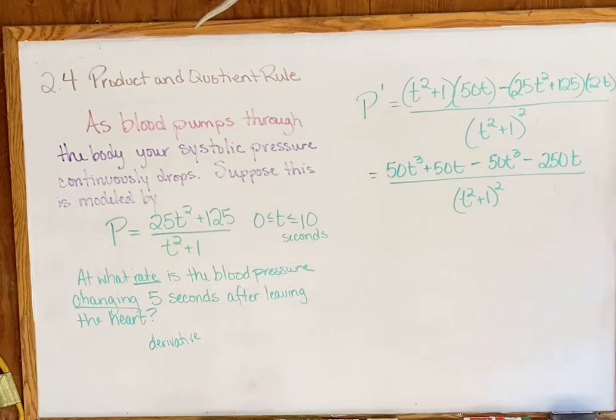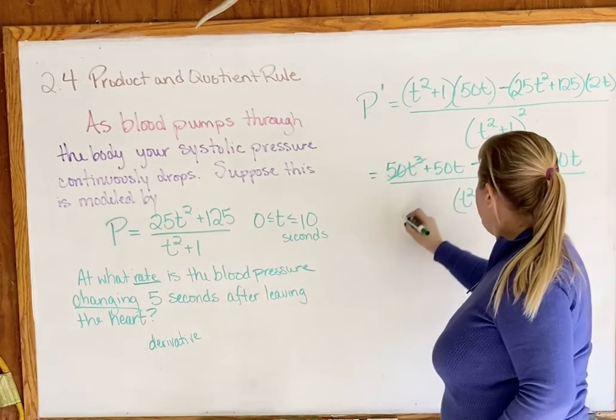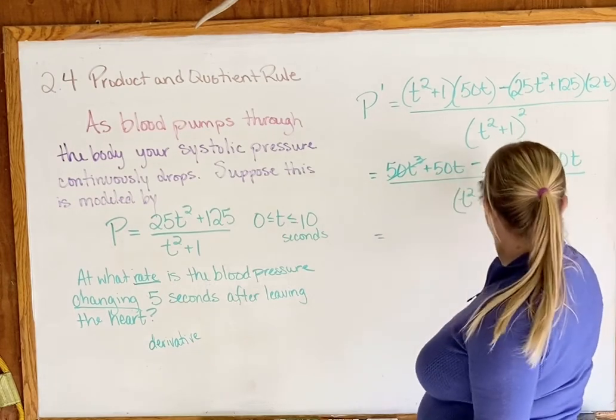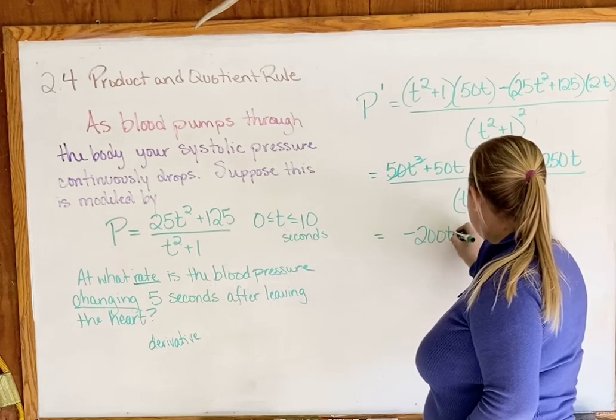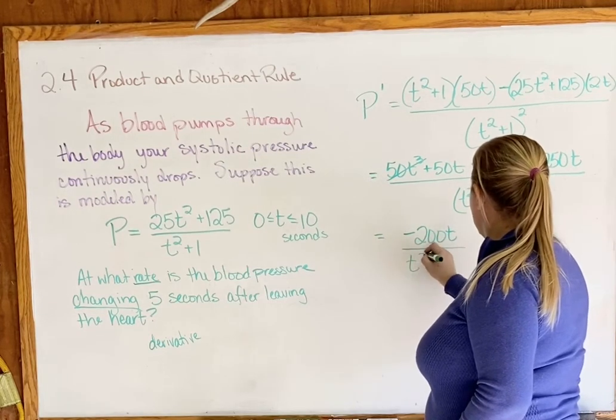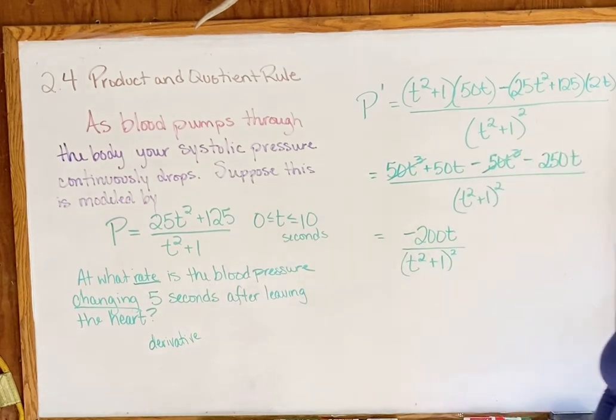Now, the nice thing about this is those 50t cubes go away, don't they? So what we're actually left with is negative 200t over t squared plus 1 squared. So there's our derivative, and it's simplified a lot. It's actually better than the original function was, so we definitely got it down.